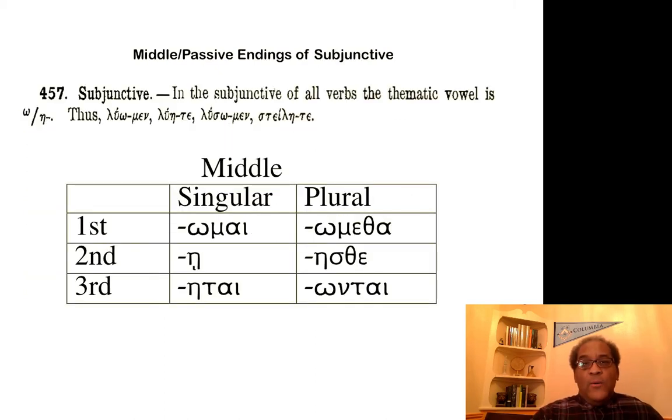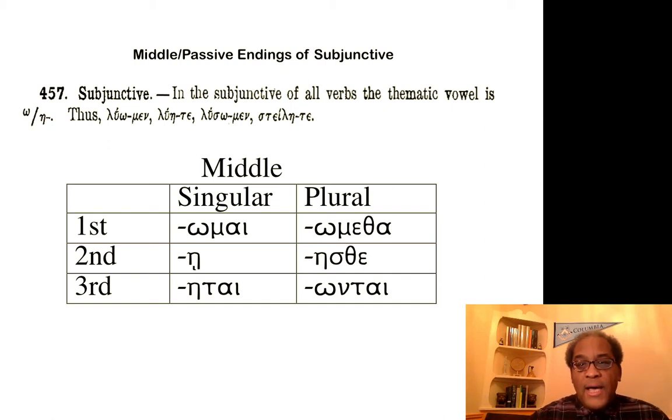When you get to the middle forms of all these tenses, it's exactly as you would expect. The only complication is in the second singular, where you have the same phenomenon of the disappearance of sigma between vowels. Other than that, you're looking at the same endings, except the thematic vowel has been expanded from omicron to omega, from epsilon to eta.